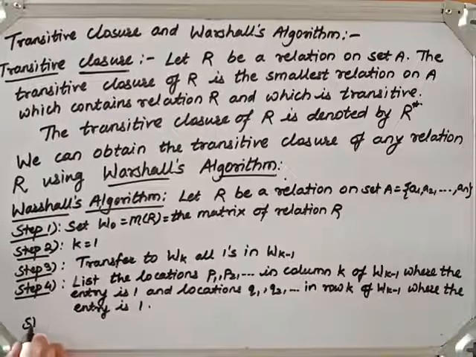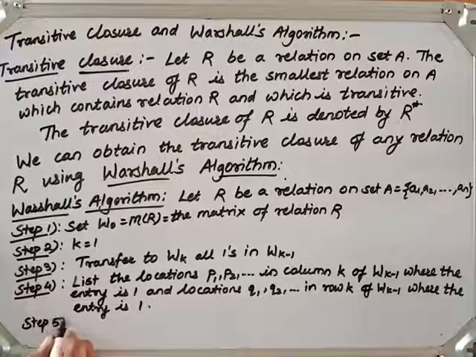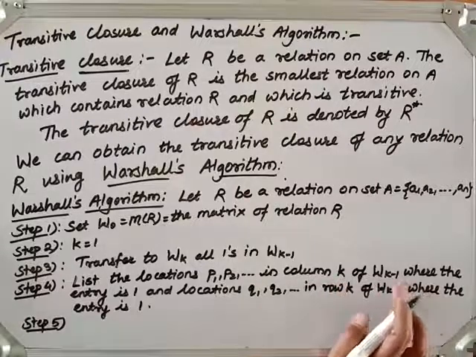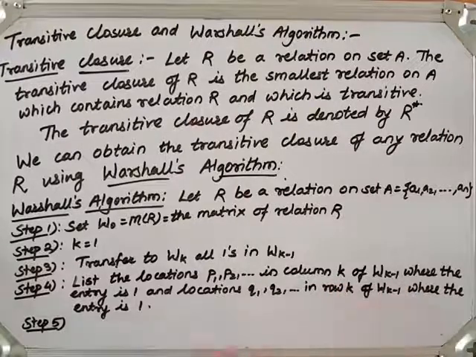Now step 5: we have to find those places where 1 is there in the kth column of WK minus 1 and the kth row of WK minus 1.